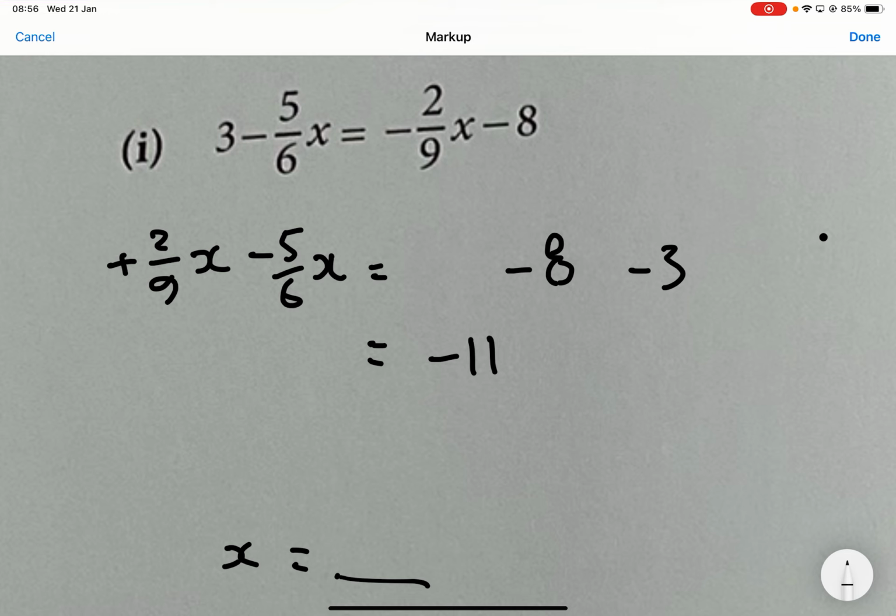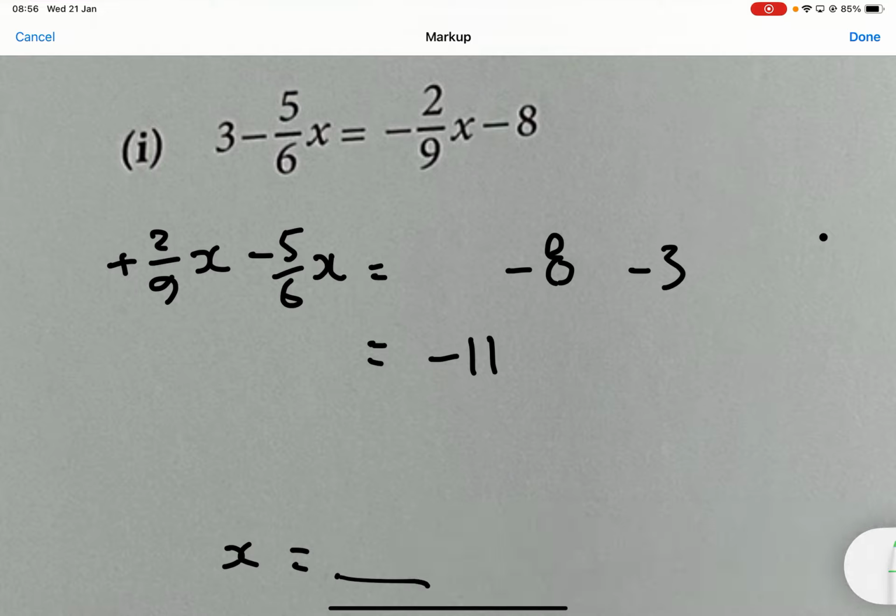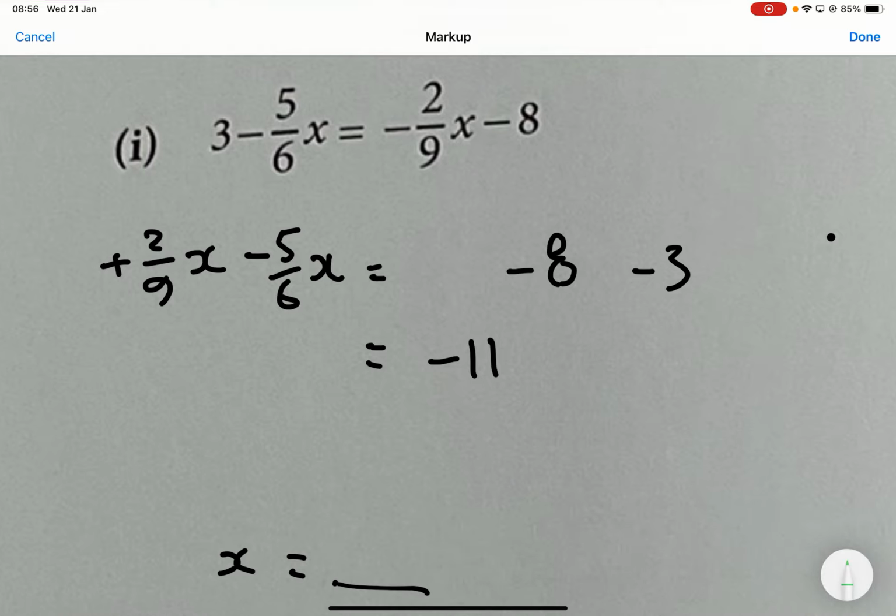do my addition. So this part itself is my addition of fractions. When I'm doing this, the lowest common denominator is 18. Here I need to multiply 2, multiply 2, multiply 3, multiply 3. Okay, then I go to my next step.